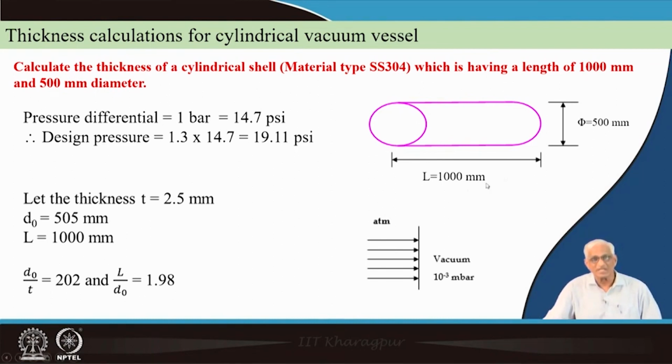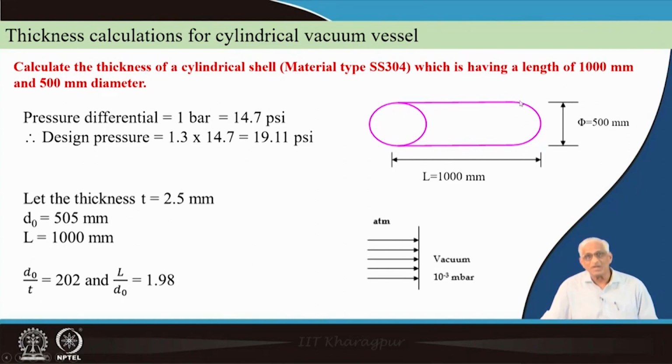In our present case, L is 1000 millimeter, D naught is Di, that is 500 millimeter, plus the assumed thickness, which we have to finalize now. Let us guess a thickness of 2.5 millimeter to start with. This is the starting point.